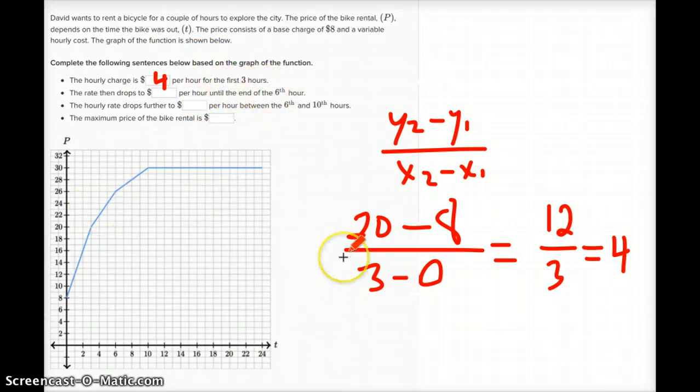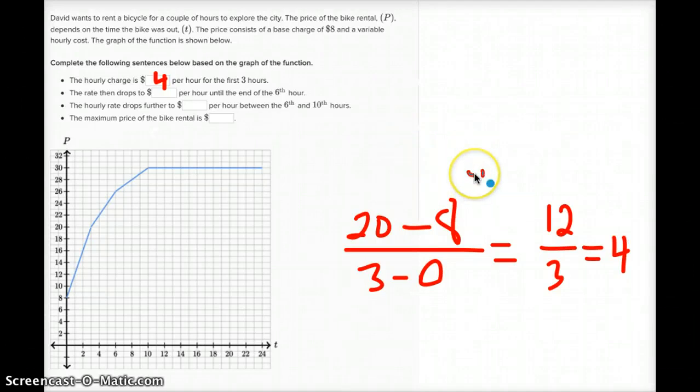So again, we're going to find the slope of the graph again, and I'll use a different color. And I'll go ahead and delete all of this. And so we'll look at the 6th hour. So we're going to go from 6 to 3 because that's when the first segment ended. 6 minus 3.